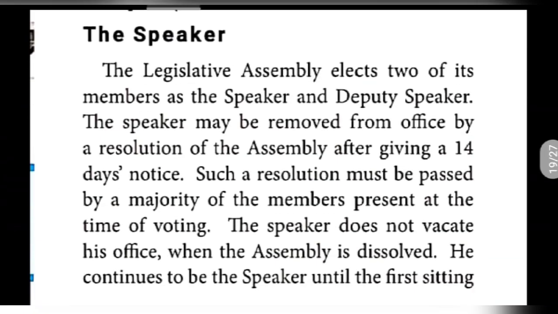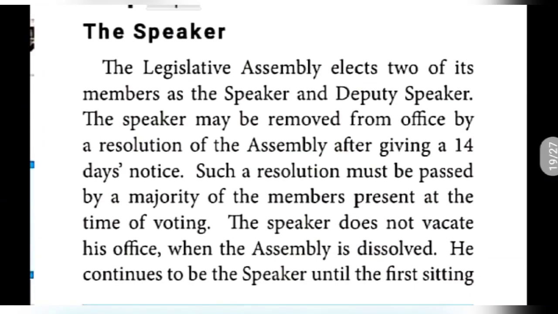Okay, children. Yes, here the last para, what is given? Under the speaker, the legislative assembly elects two of its members. Who are they? Speaker as well as the deputy speaker. If they need to be removed from their office, the legislative assembly members have to pass a resolution, 14 days before they have to submit the resolution to the speaker.